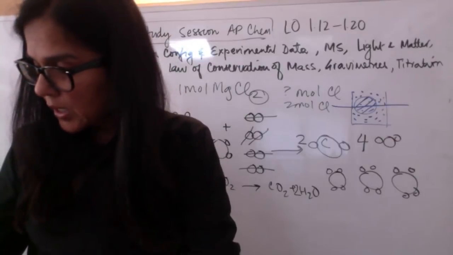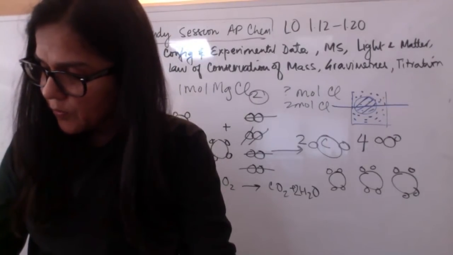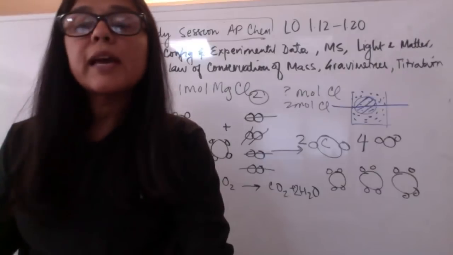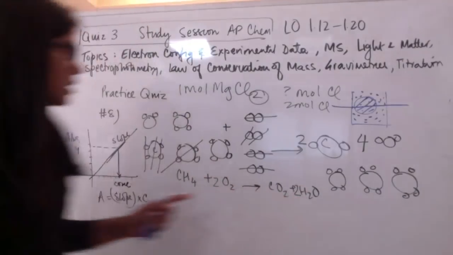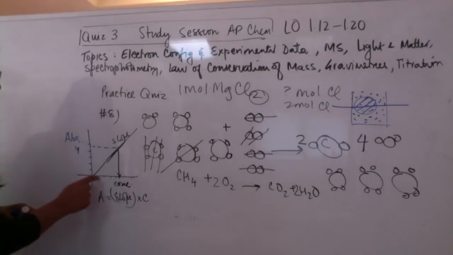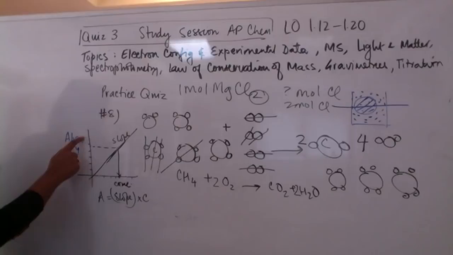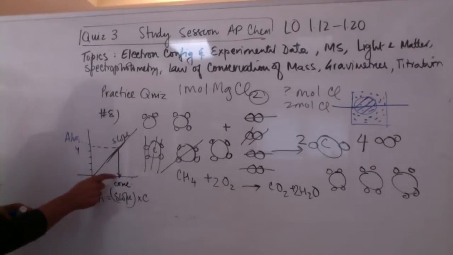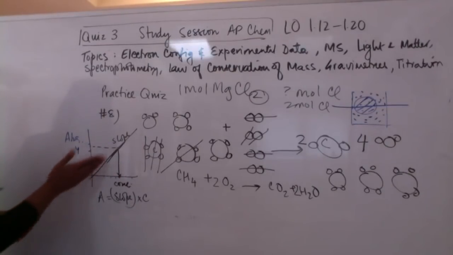And number 14. What is the purpose of calibration curve? Calibration curve, as I just mentioned a few minutes ago, is a curve where you plot the known concentrations against the absorbance. So you know what is the absorbance given by a certain concentration. So you get a graph.